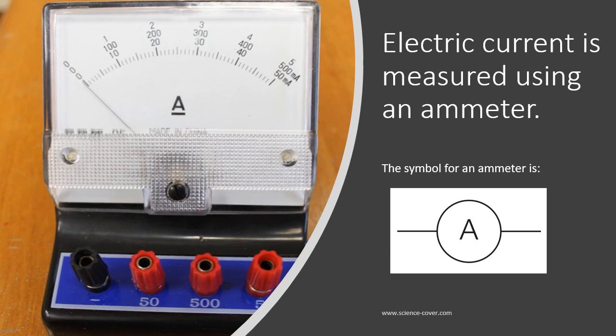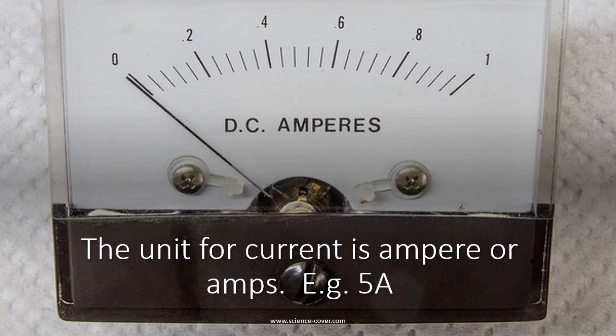But if I want to show how to connect it in the circuit diagram, I need to draw the circuit symbol, and that will be a circle with a capital A inside of it. Now the unit for current is ampere, or amps for short, and I can represent this by writing a capital A. So if I wanted to take a measurement, I could write 5A, which means 5 amps.